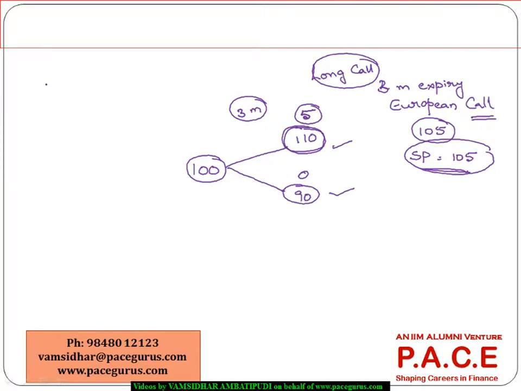And we are making another assumption here. When I am going with a no arbitrage argument, I am making an assumption that arbitrage opportunities do not exist. And under that assumption, I am creating one portfolio.